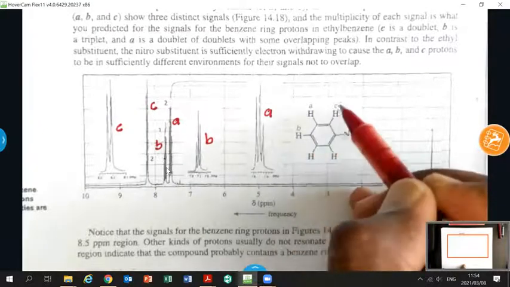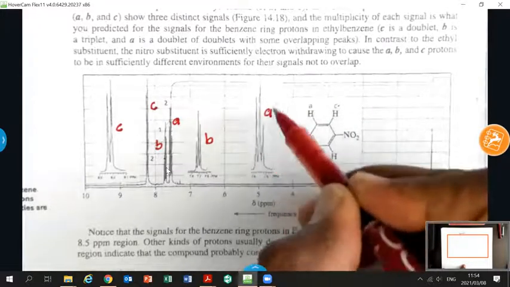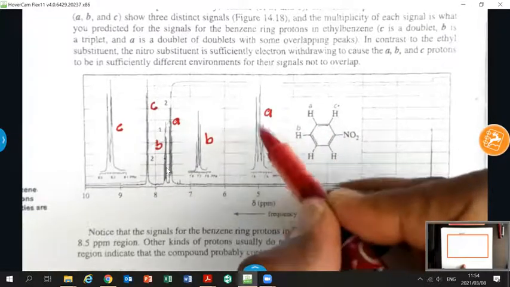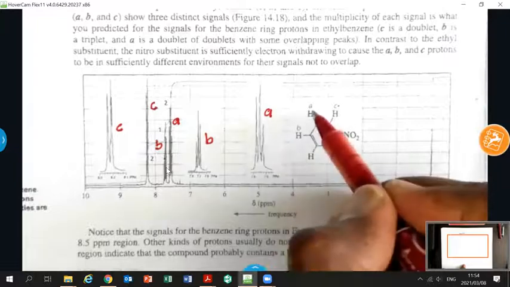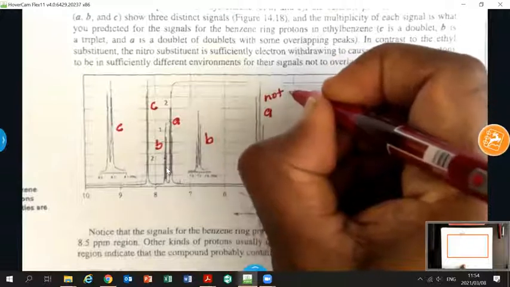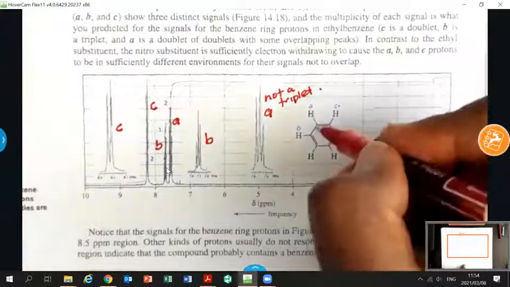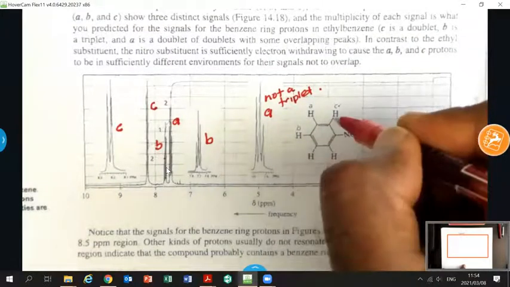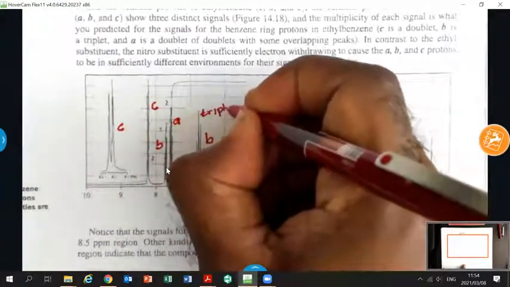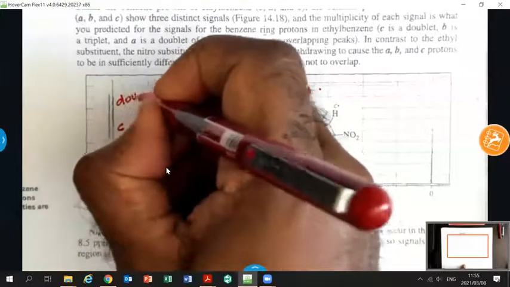They only become a triplet if they are exactly equivalent. So although it appears as a triplet, it only appears like that because the resonances are very close together and they overlap. So technically A is not a triplet, although it appears like that, because B and C are different. But B is a triplet and C is definitely a doublet.